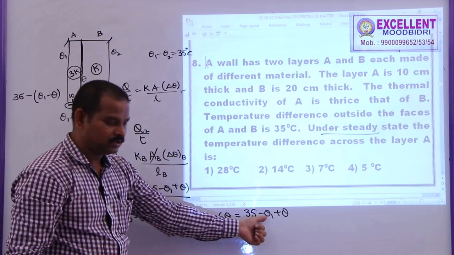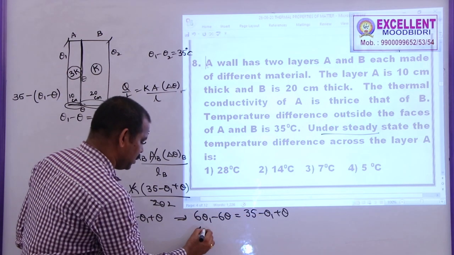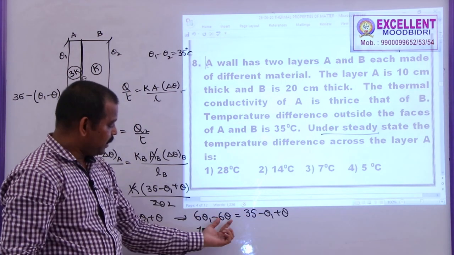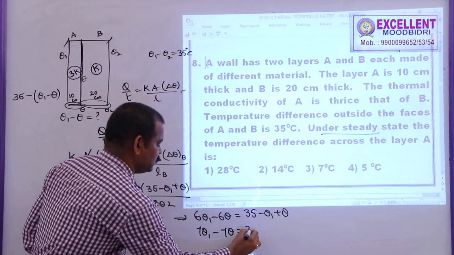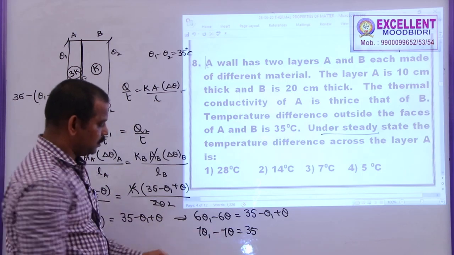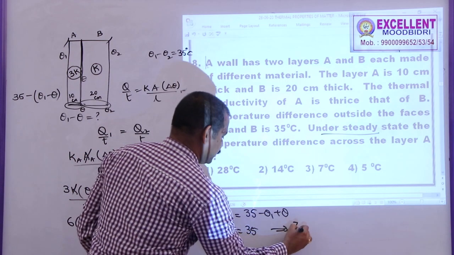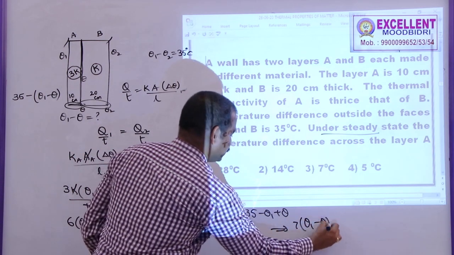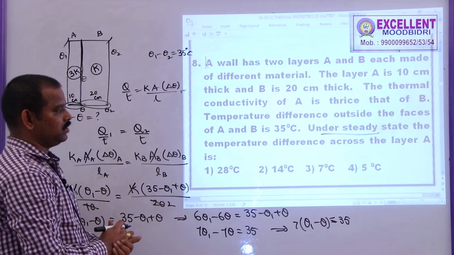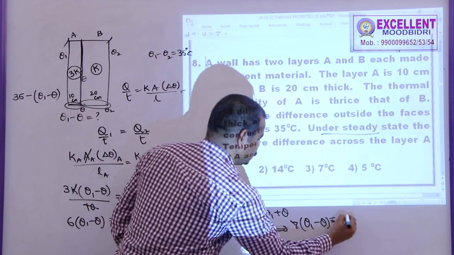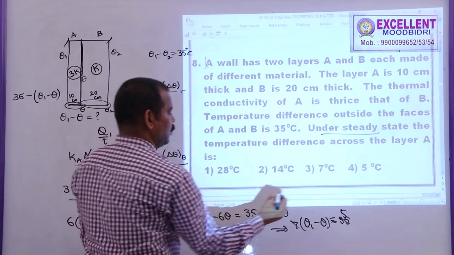If you bring this minus theta 1 to this side, it will become 7 theta 1. Minus 6 theta, if it comes to this side, this will become minus 7 theta is equal to 35. You can take 7 common here. So if you take 7 common, theta 1 minus theta, the temperature difference between the two sides of the wall, is 7 1s so 7 5s. So the answer is 5 degrees centigrade.